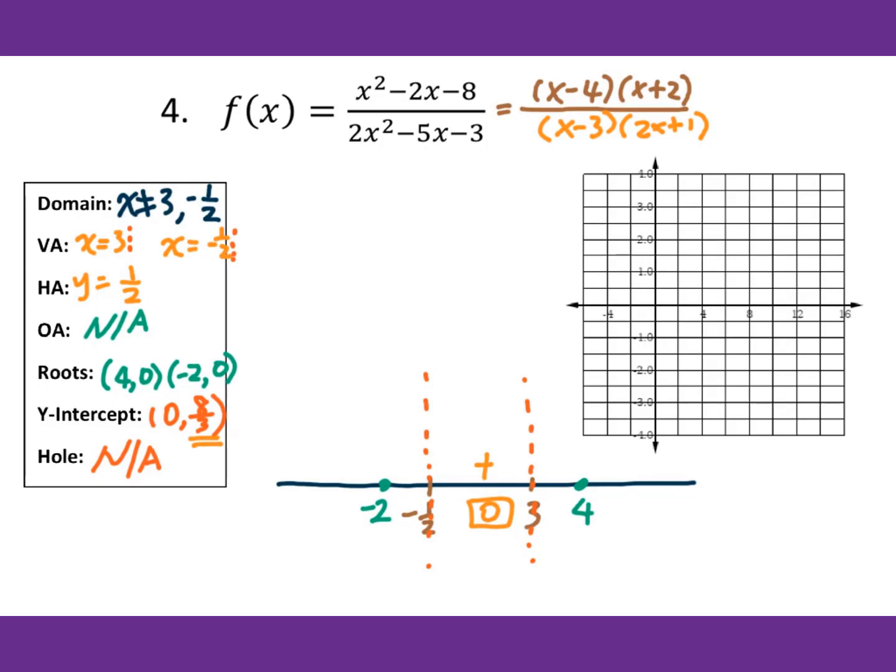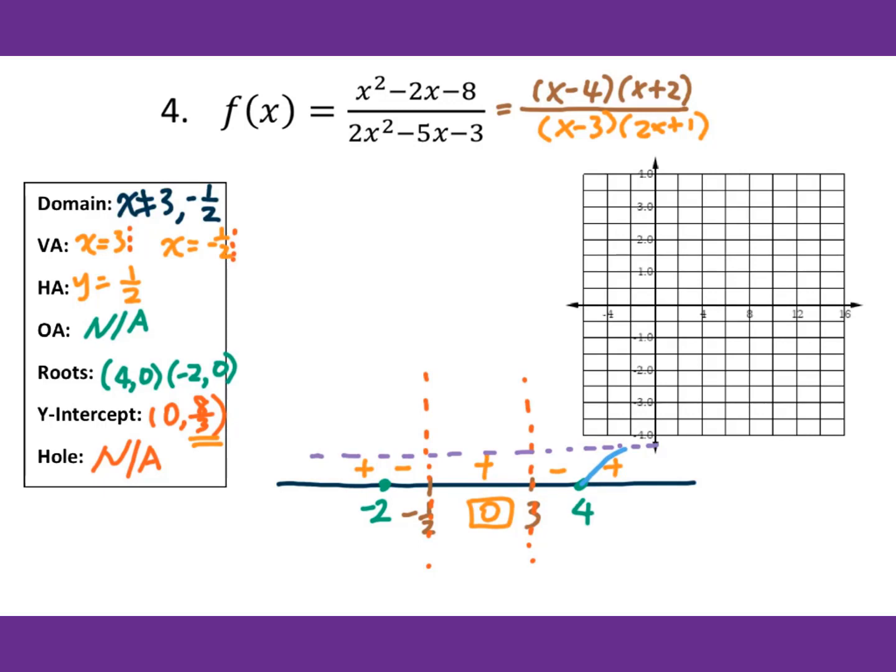So change the sign for the neighbor interval, because all the factors in this rational function are single factors. So change the sign like this. For the horizontal asymptote line, that's y equals 1/2. Now we can sketch the graph. When x is greater than 4, positive. But we don't know whether the graph will intersect this horizontal asymptote line or not.